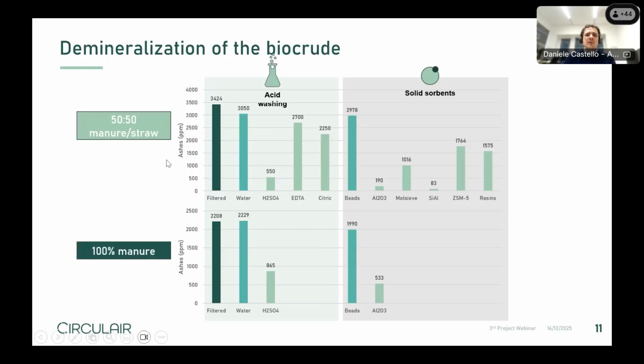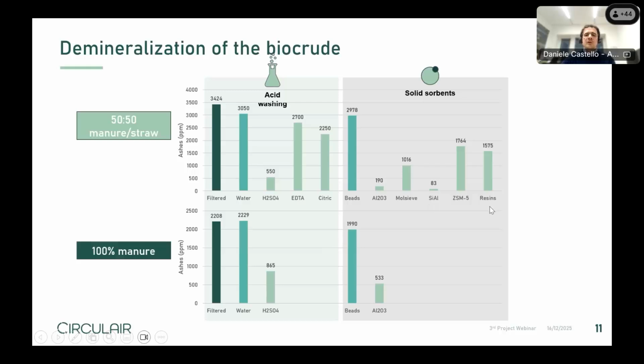And we saw quite variable results, but in general all the treatments, especially with strong acids like sulfuric acid, resulted in some reduction in the ash content of the biocrude.